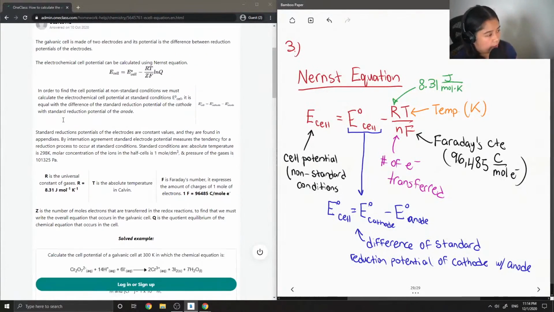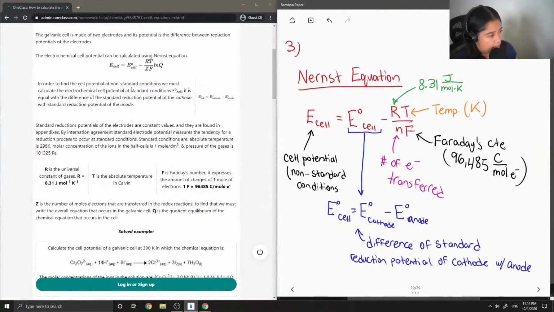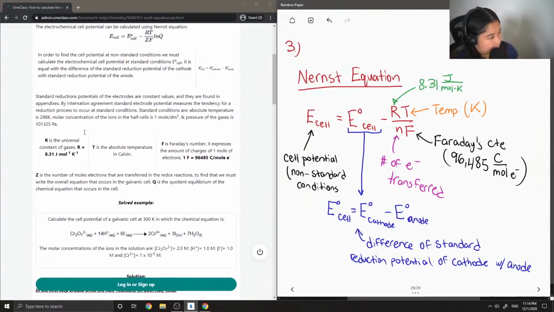In order to find the cell potential at non-standard conditions, we must calculate the electrochemical cell potential at standard conditions. So this is the E°cell. It is equal to the difference of the standard reduction potential of the cathode with the standard reduction potential of the anode. Yep, so that's what I wrote down here.